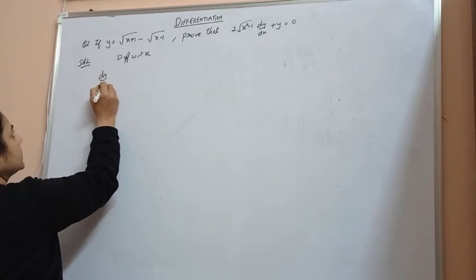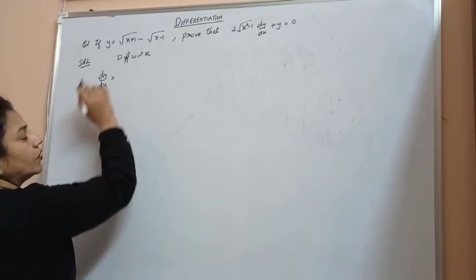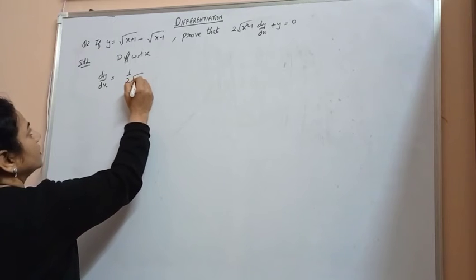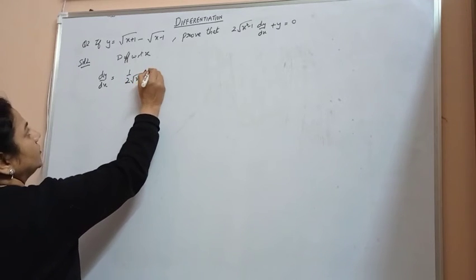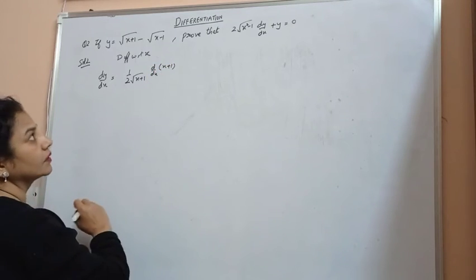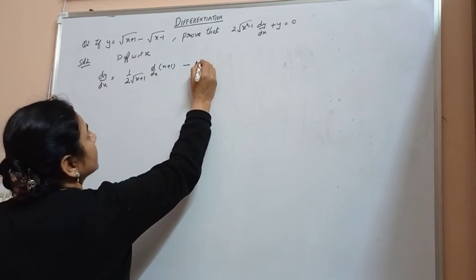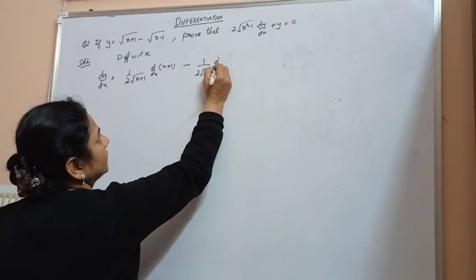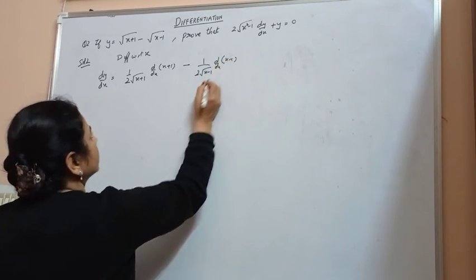dy by dx: the derivative of under root x plus 1 is 1 by 2 under root x plus 1 into the derivative of x plus 1, minus 1 by 2 under root x minus 1 into the derivative of x minus 1.